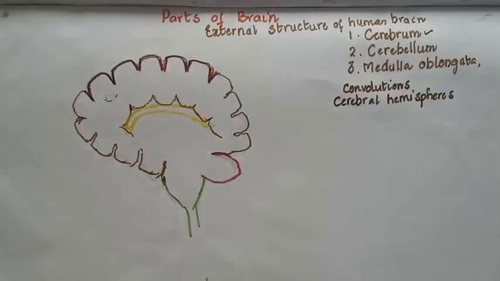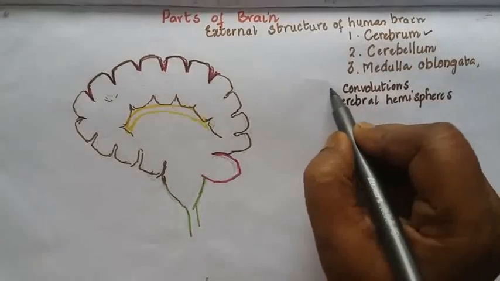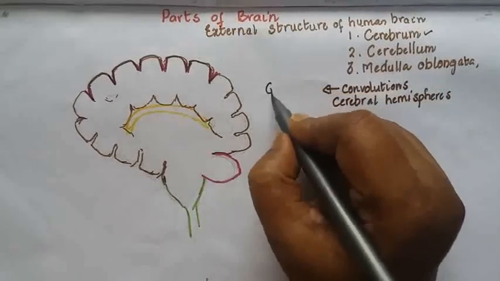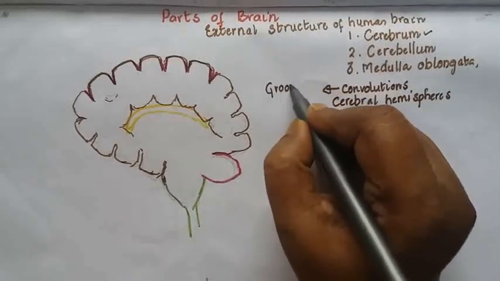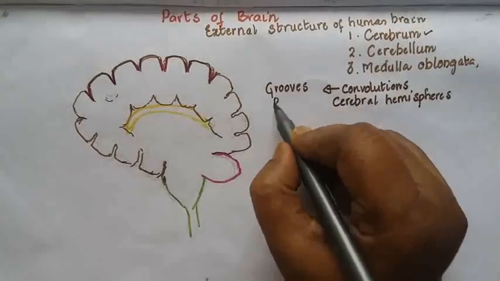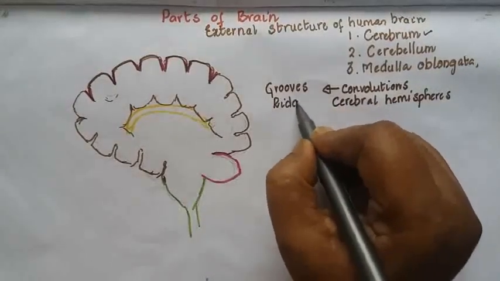So you can say that the cerebrum has a number of convolutions, and the convolutions comprise two structures. The depressions are known as grooves and the elevated parts are known as ridges.